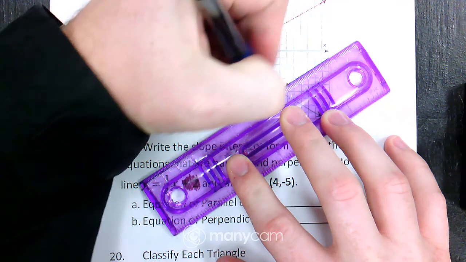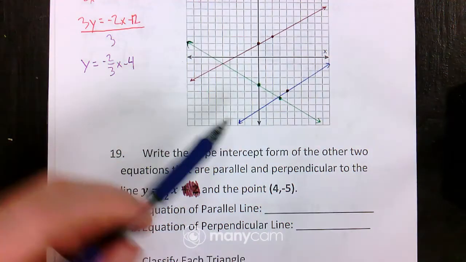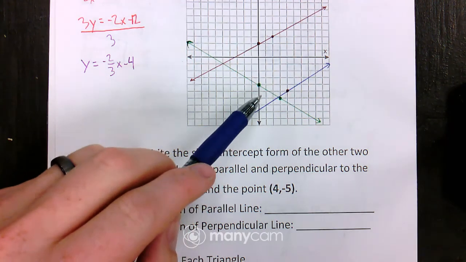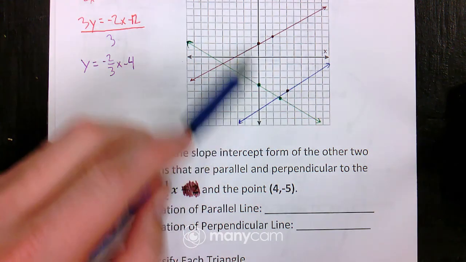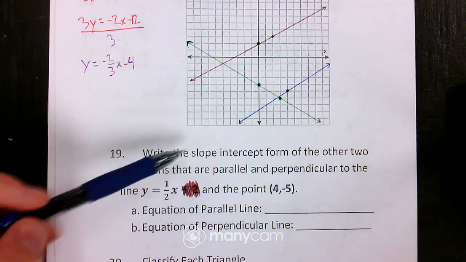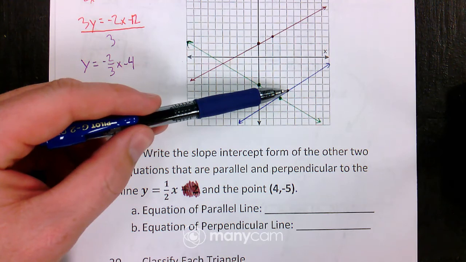You just eyeball it. There's this line over here, and it's parallel to this line. I know I didn't draw it perfectly, but what is the equation of this line? It gives me the equation of this line right here, y equals 1/2 x plus 2. It's asking what is the line that's parallel to that line, but goes through this point.